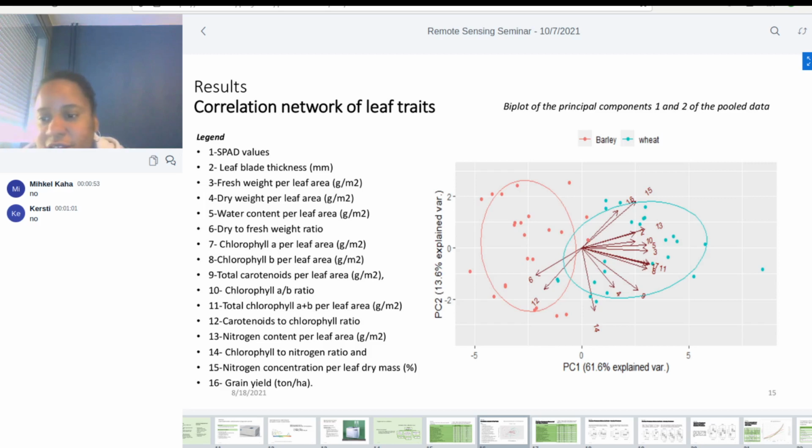This first principal component was basically dominated by SPAD values, chlorophyll, and nitrogen content, while the second principal component was dominated mainly by nitrogen concentration.